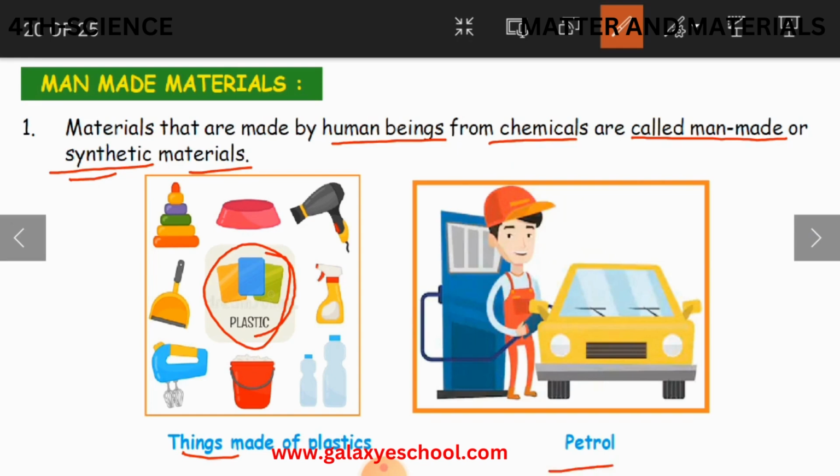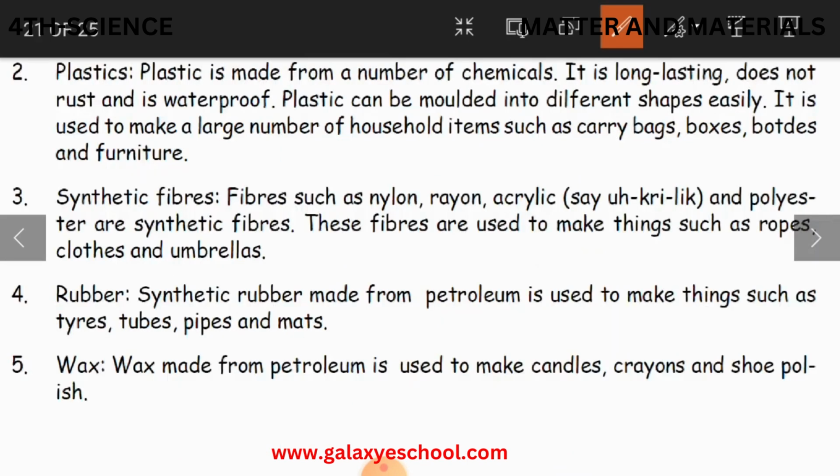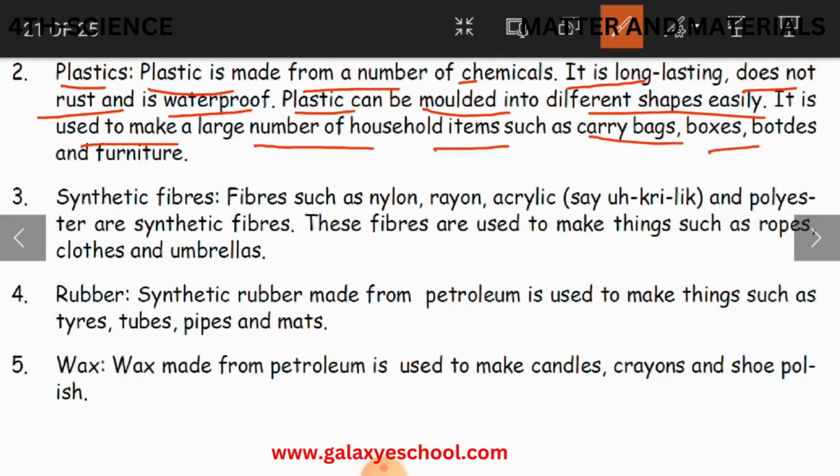Regarding plastics, plastic is made from a number of chemicals. It is long lasting, does not rust and is waterproof. Plastic can be molded into different shapes easily. So it is used to make a large number of household items such as carry bags, boxes, bottles and furniture. Every house, every office on this planet has plastic.